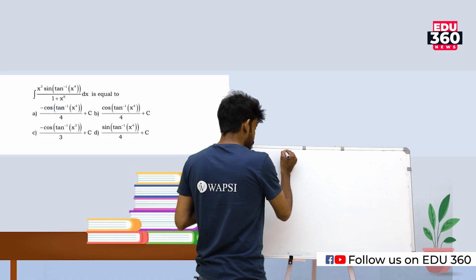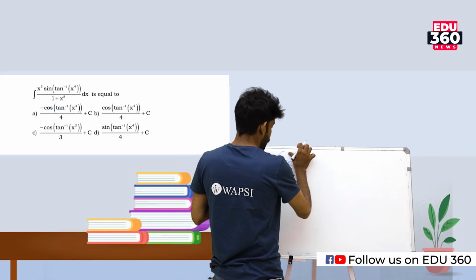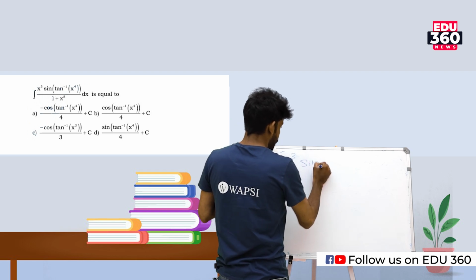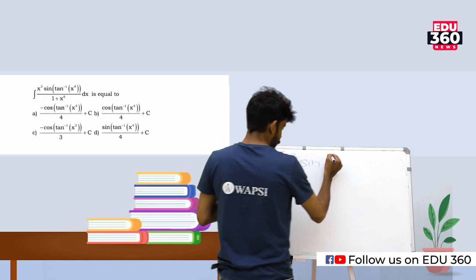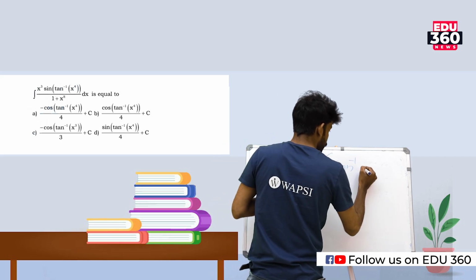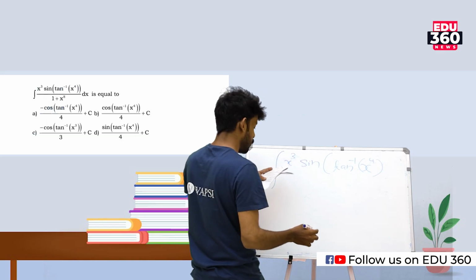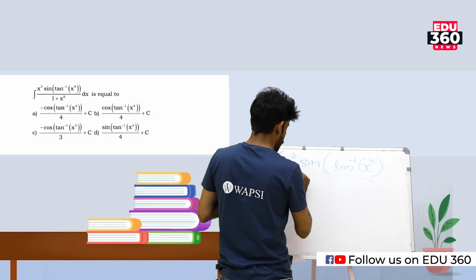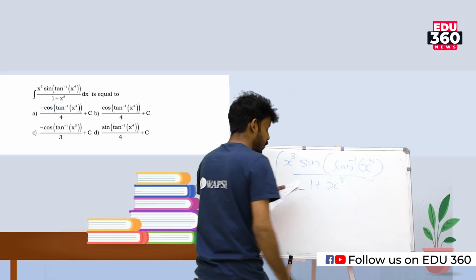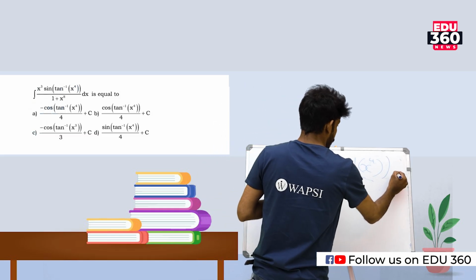So the question is the integral of x cube sine of tan inverse x raised to 4 divided by 1 plus x raised to 8. We need to find this value.